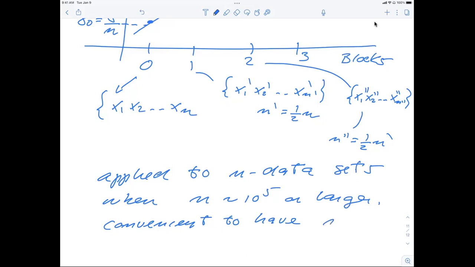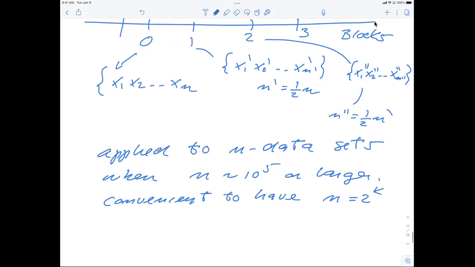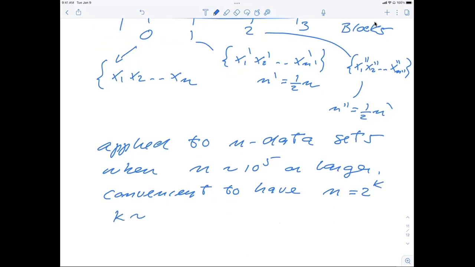So to have n which is proportional to 2 to some quantity which we might call k, and where k could typically be something like 20 or larger. So if you're using the blocking method, since you're dividing by 2 all the time, it is actually convenient to initialize your Monte Carlo cycles, the number of Monte Carlo cycles, with base 2 to the power of something.